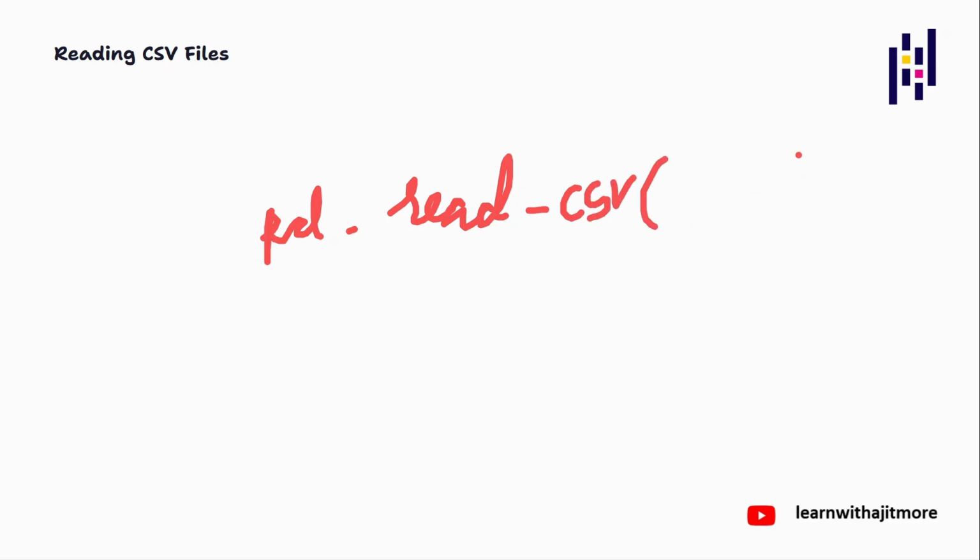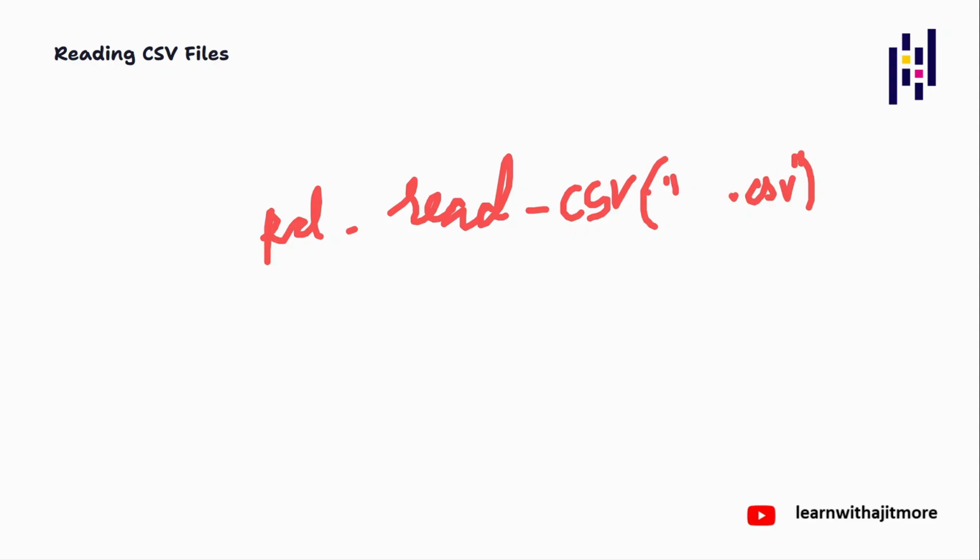And next, once that file is copied to the server, I want to load it in a data frame. So Pandas has given one function called read CSV. Okay, pd.read_csv, and just pass to it the name of your CSV file, with extension .csv.